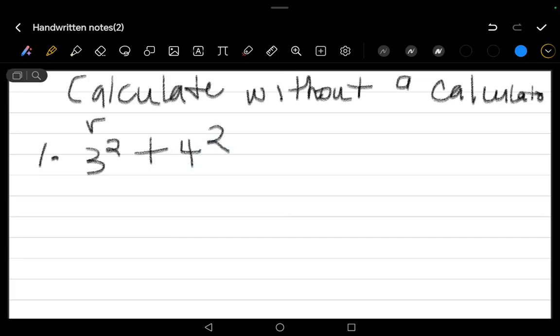Sorry, before that. I want you guys to calculate without a calculator here. How are you going to calculate this without a calculator? 3 squared plus 4 squared.